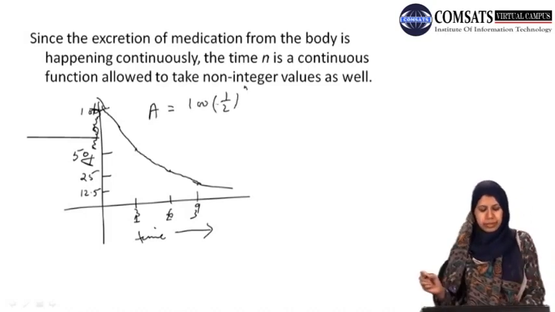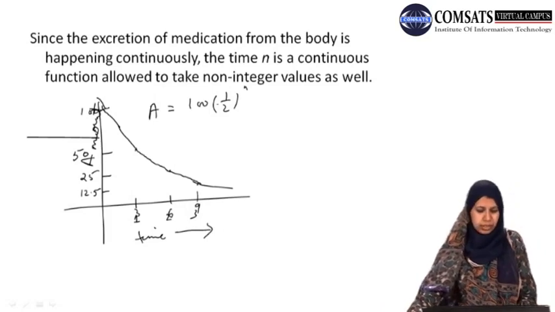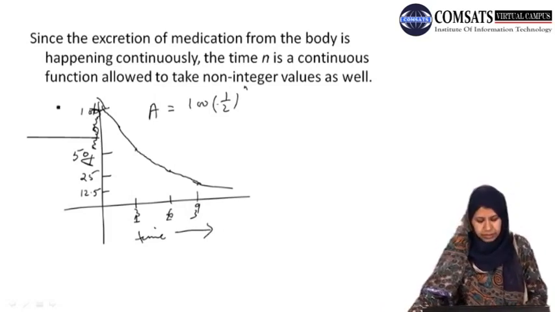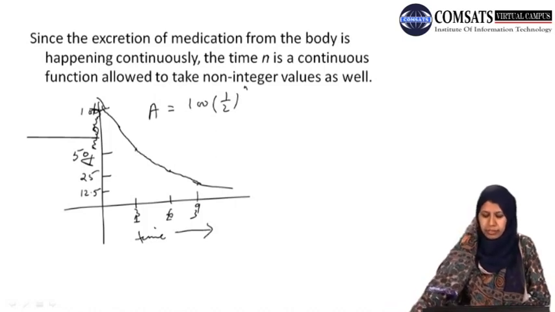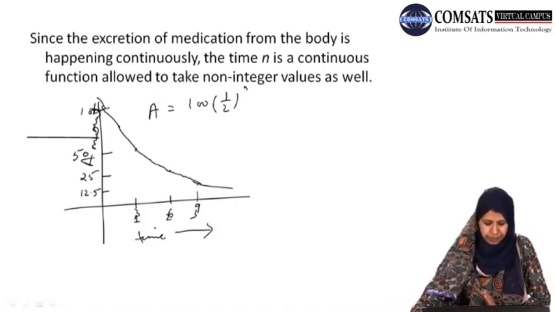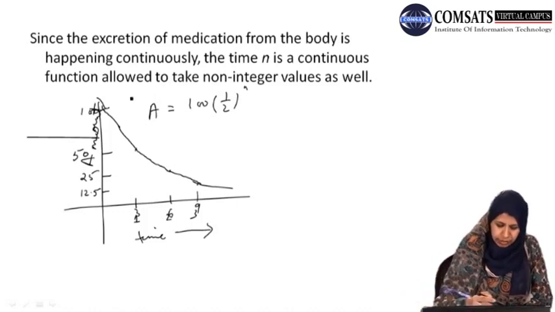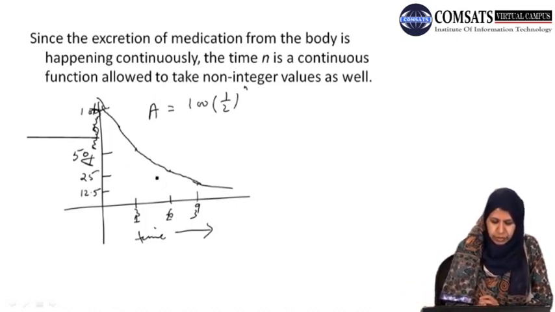Now we are further asked that since we can observe that the excretion of medication from the body is happening continuously, time n is a continuous function allowed to take non-integer values as well. That is, the graph tells us that the excretion of medication is a continuous function of time.